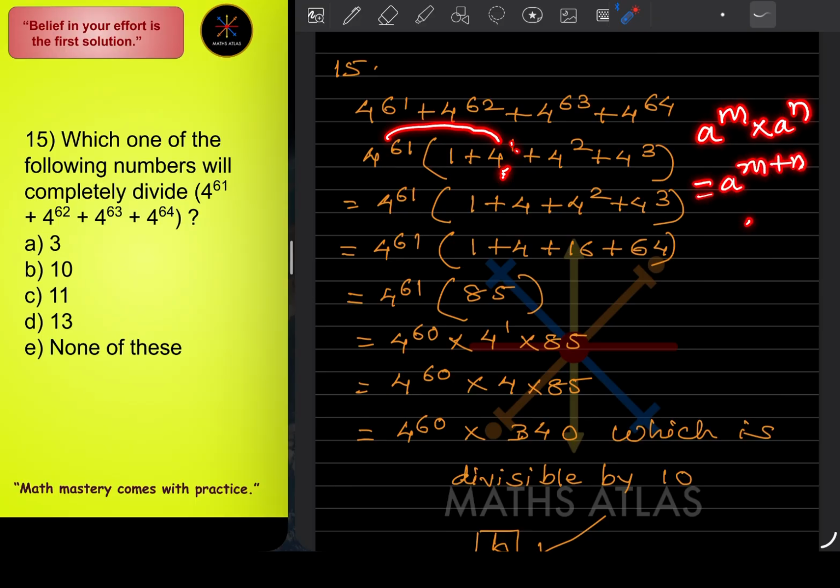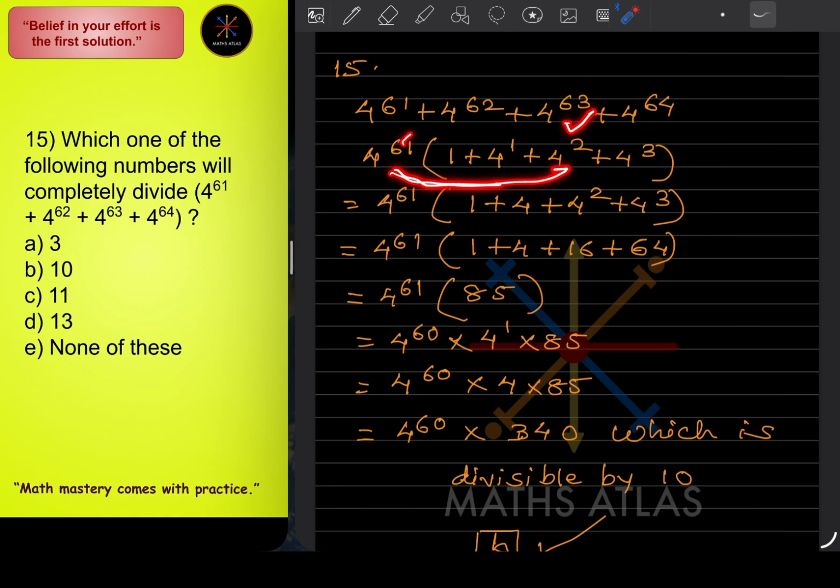So 4^61 multiplied by 4^1 gives 4^(61 plus 1), which is 4^62. Now for 4^63, 61 is already common, so 61 plus 2 gives 63. Again for this one, 61 plus 3 gives 64. Hope this step is clear to you.